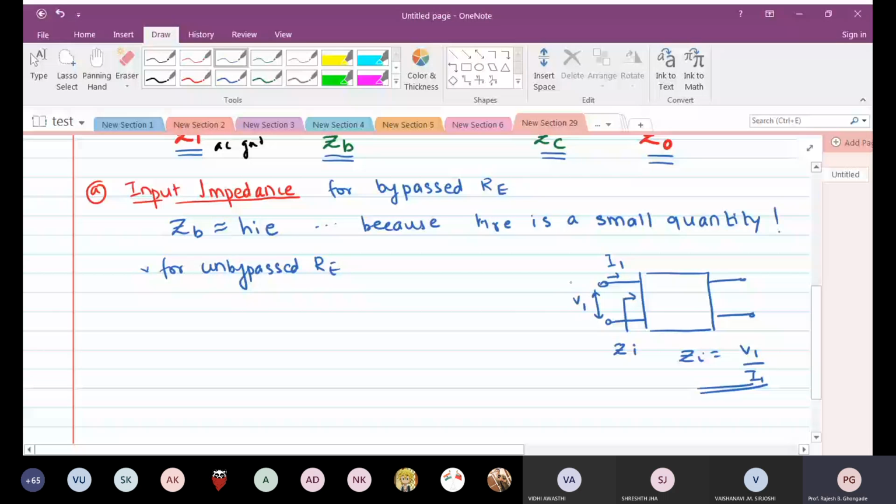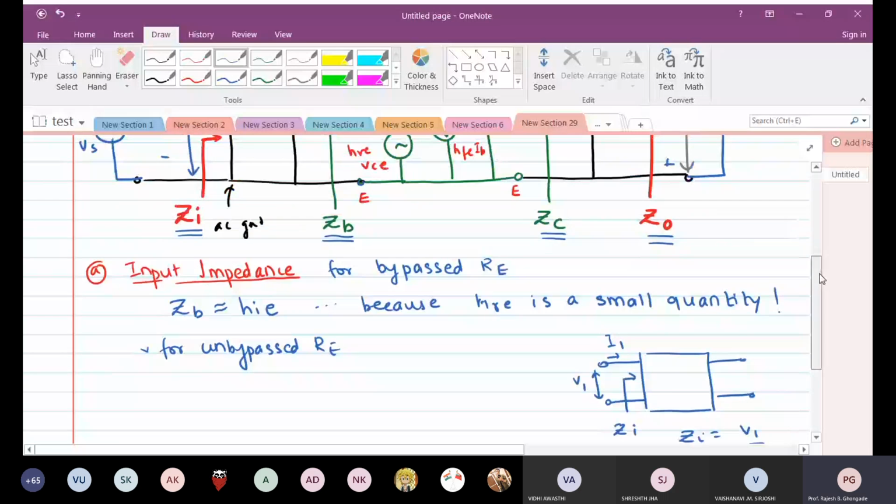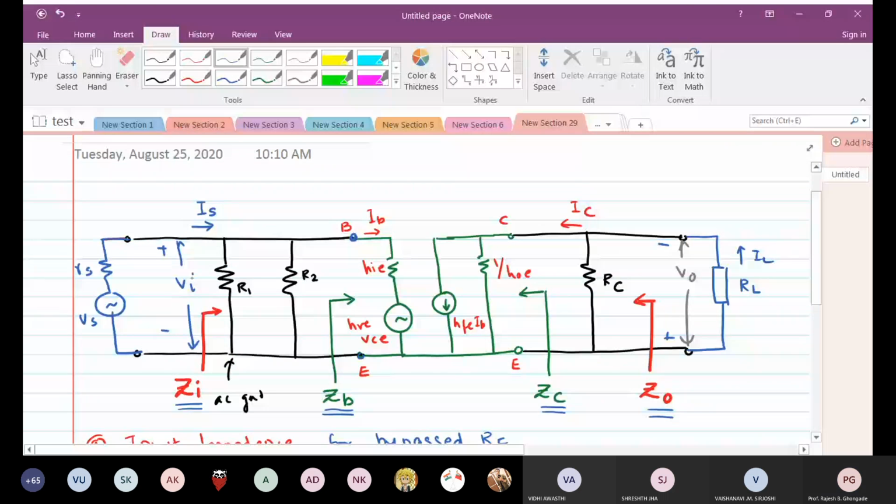All right. So we start with what is the voltage that we are applying here? It is VI. So we are having VI.